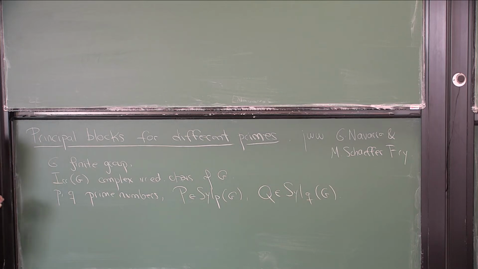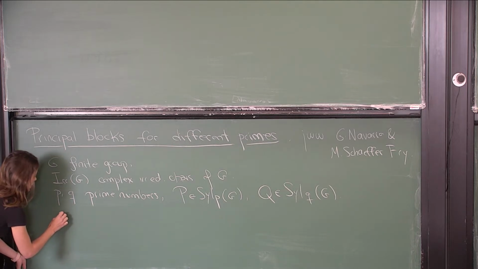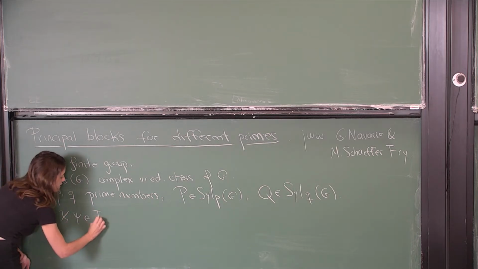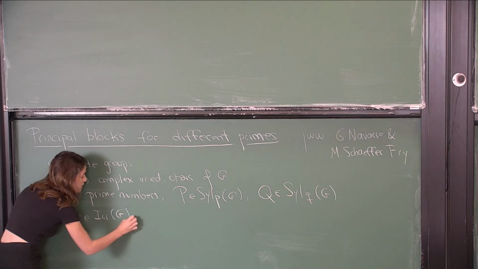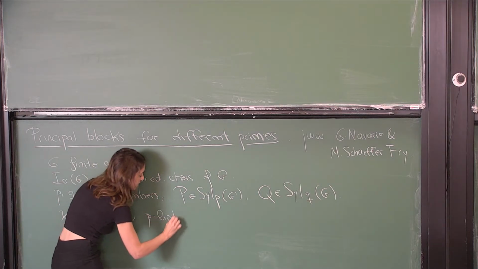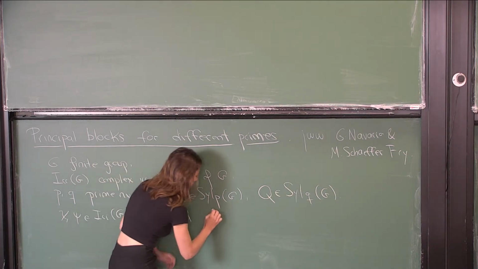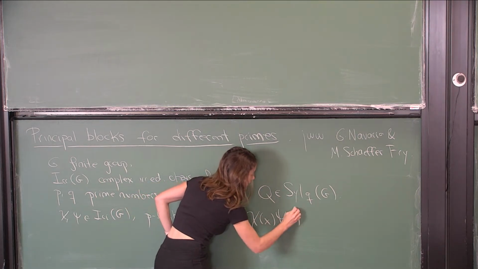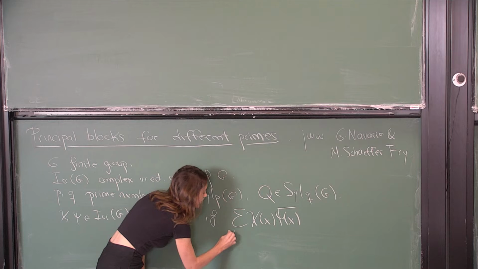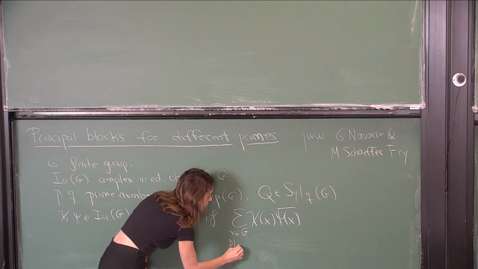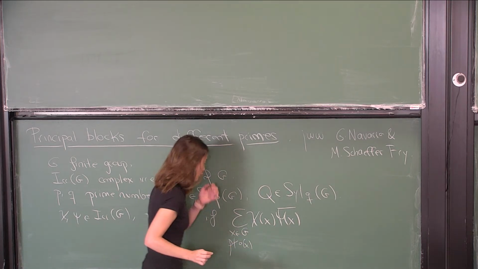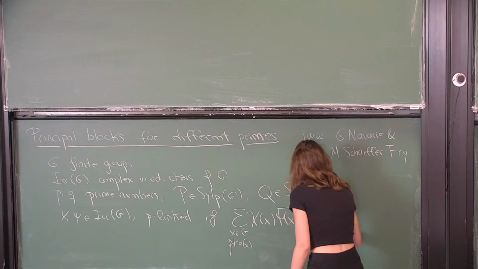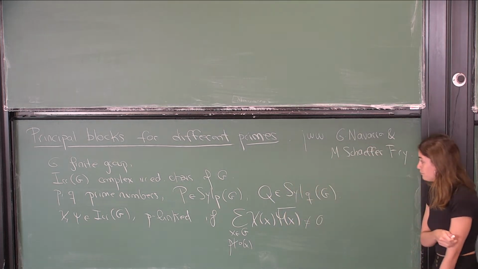We see blocks as subsets of the set of irreducible characters of G. If we have two irreducible characters of G, we say that they are linked if the sum over the p-regular elements of the group of those characters' values is not equal to zero.